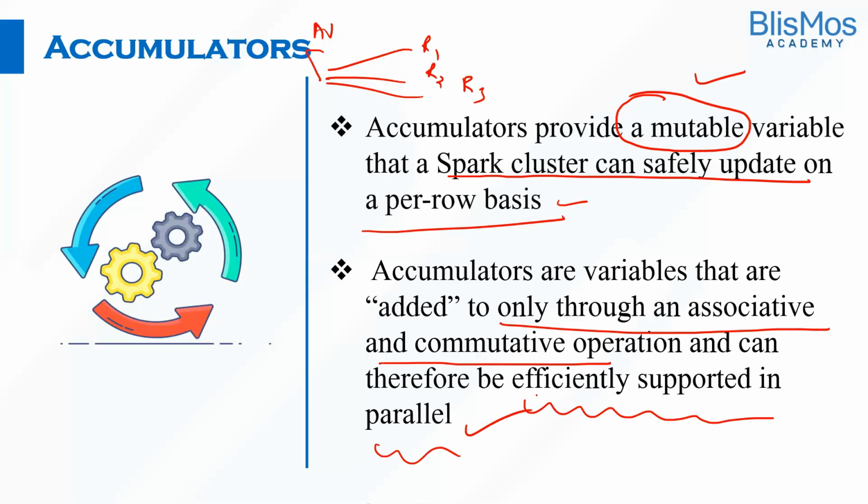But what do you mean by associative and commutative operation? Let us spend some time there. It is important to understand these two properties. Most of you would have already understood this as a part of your mathematics lectures in your early days, but let us revise that. When I say associative property, what it means is when you do some arithmetical operation, whatever way you regroup the numbers, you will get the same answer.